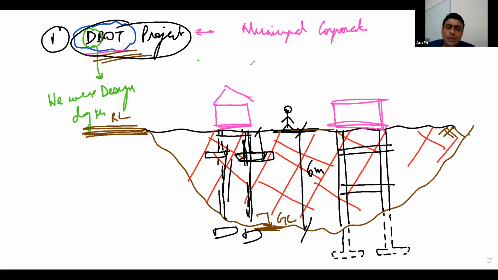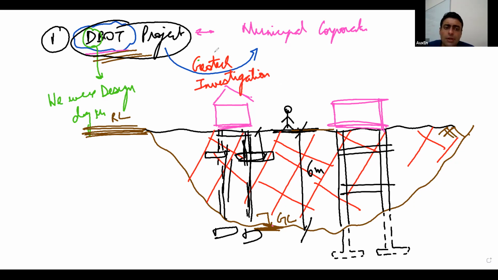So a better approach would have been that when this agency was going to bid for this project, before bidding, before finding out the estimate, they should have done the geotechnical investigations. Do we agree or not? They should have done the detailed geotechnical investigations.